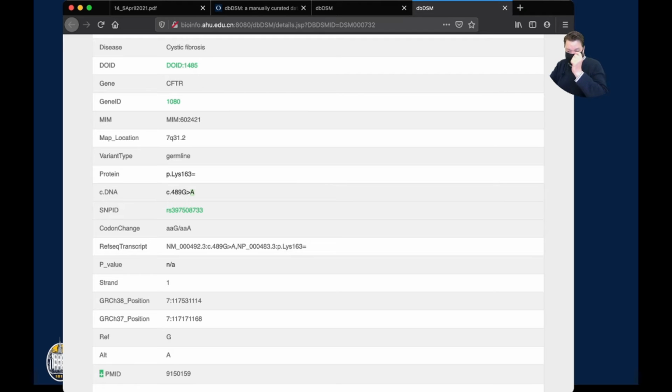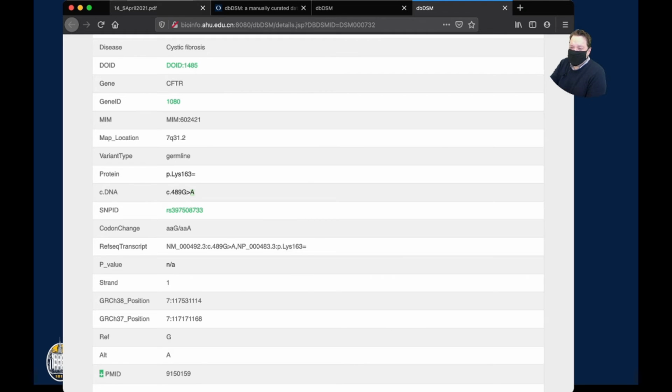If you think for a second how much effort it would have taken a person to go through and find that at position 489 in the code of that gene, where there should have been a G, they found an A in the case of the cystic fibrosis patient. There's a lot of computation involved in that, and that is why this is a computational-based course.